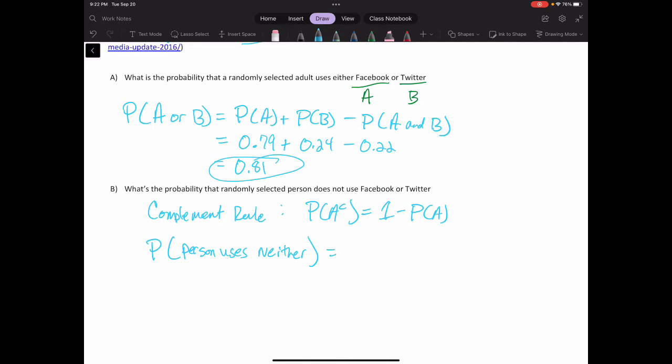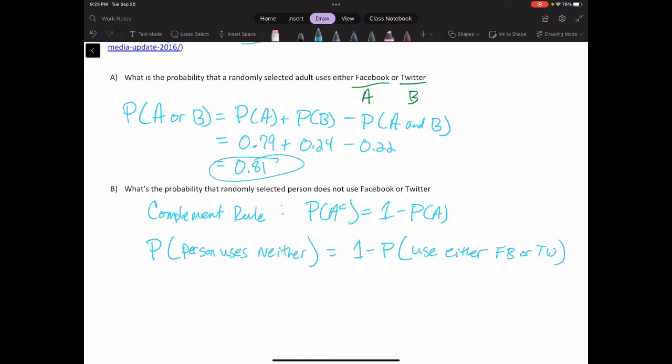That makes sense, right? So this is going to equal 1 minus the probability that they use either Facebook or Twitter. Once again, we're exploiting the complement rule there.